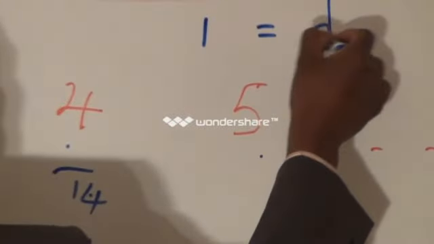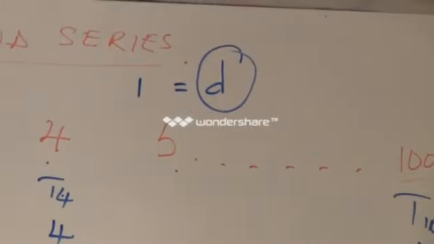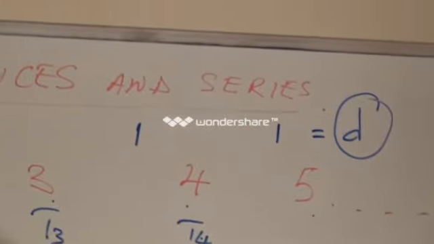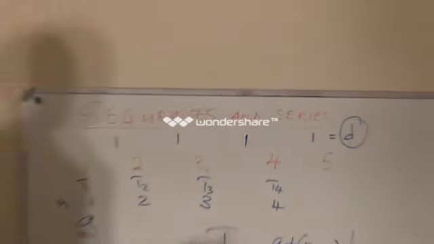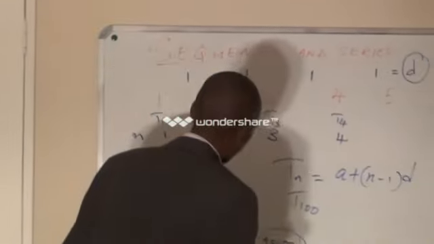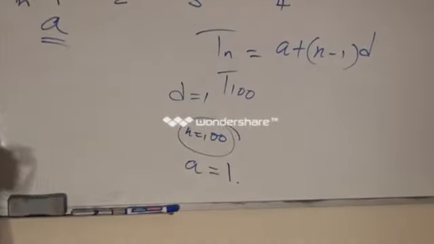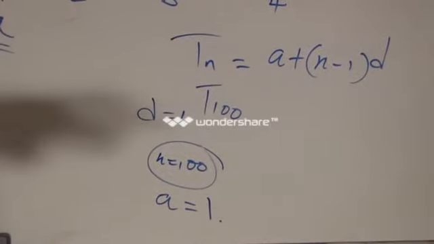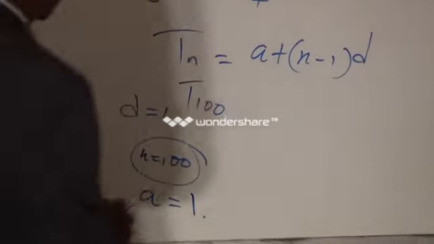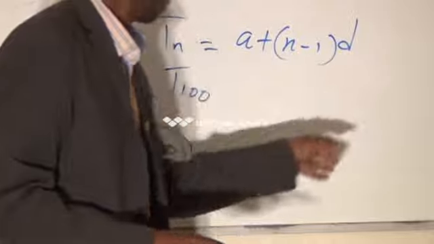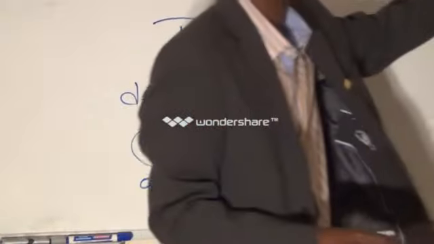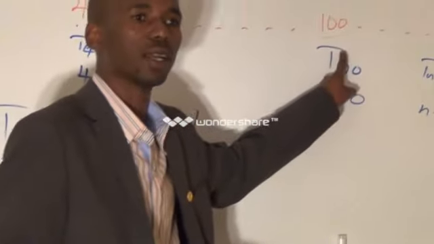And remember, by definition, our D represents our common difference, Tn minus Tn minus 1. So we also know that D is equal to 1. Correct? So, if we are correct about this relationship, we should be able to find T100. And we know that T100 is actually 100.